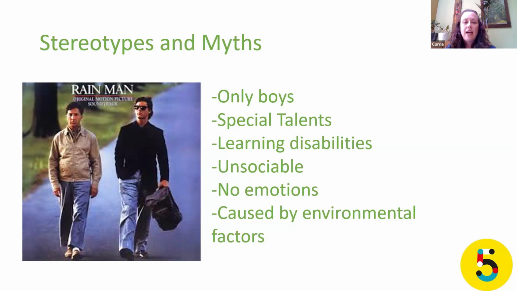So the first really common myth is that autism is only a condition in boys. At current time, there are more boys being diagnosed than girls, but that is changing. As that understanding of what autism is grows, we are starting to identify more and more girls who have those different traits and those difficulties.